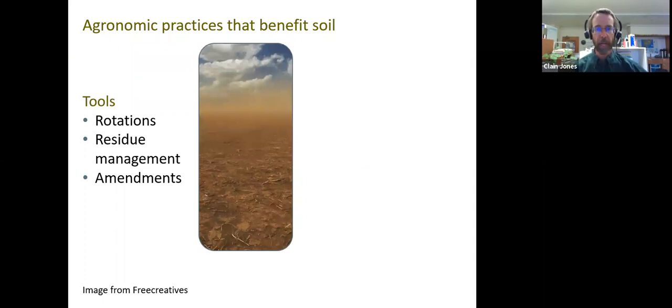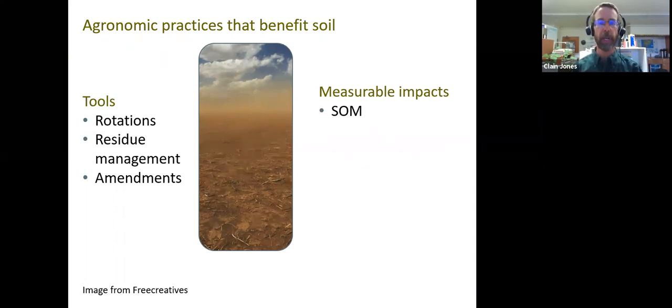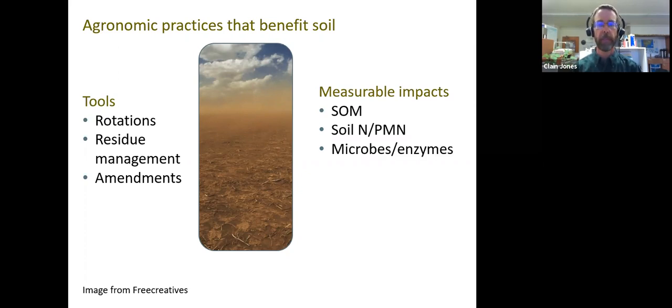So agronomic practices that benefit soil, the tools that you have as producers would be things like rotation, residue management, and amendments. The measurable impacts that you can make with various management practices include soil organic matter, soil nitrogen, or what we call potentially mineralizable nitrogen, or PMN, basically how much nitrogen might become available in the next growing season.